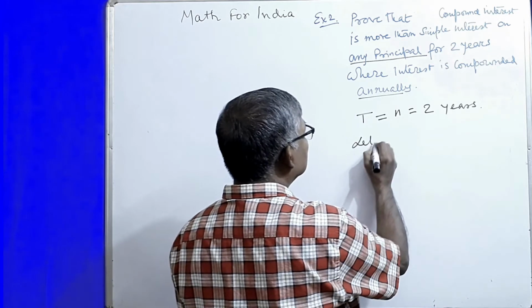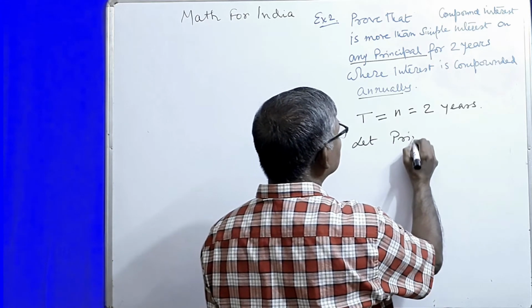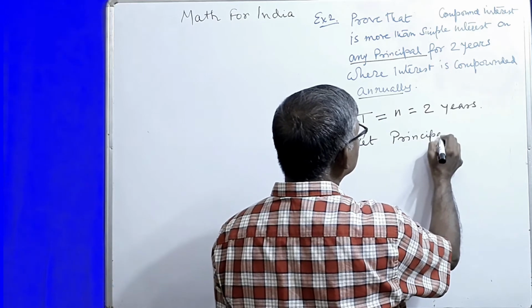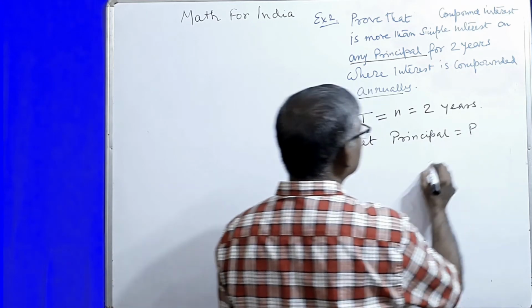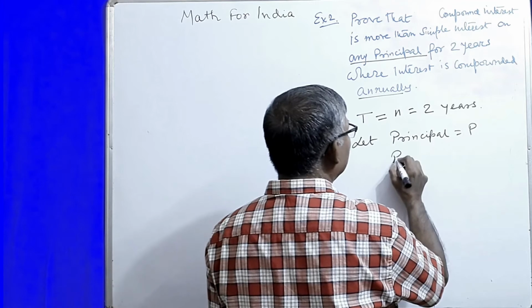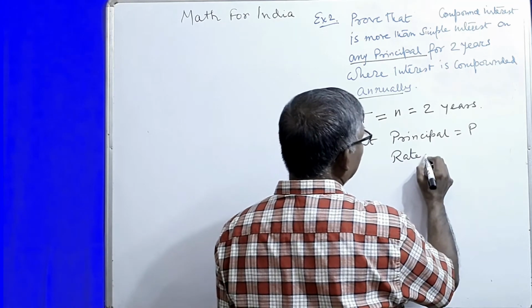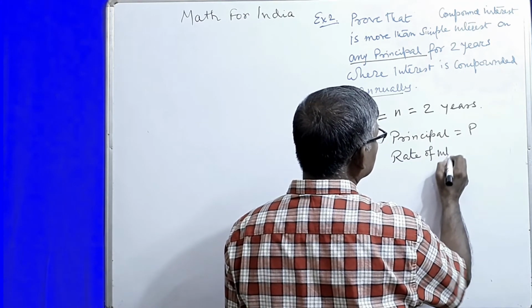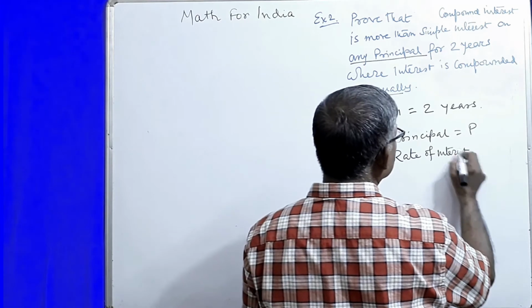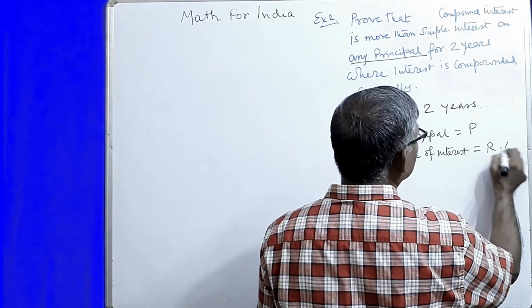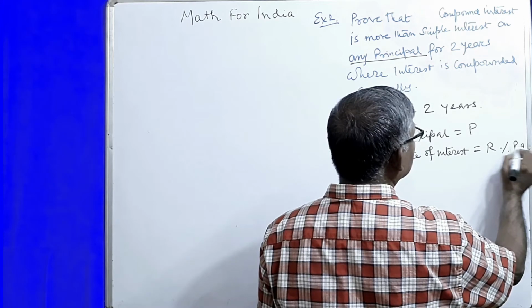Let principal be P and rate of interest is not given. Rate of interest equal to R% per annum.